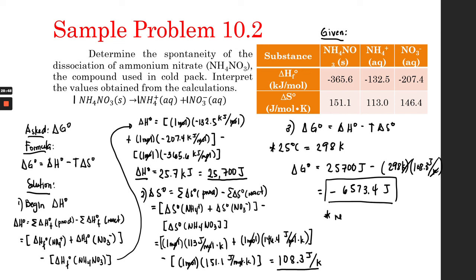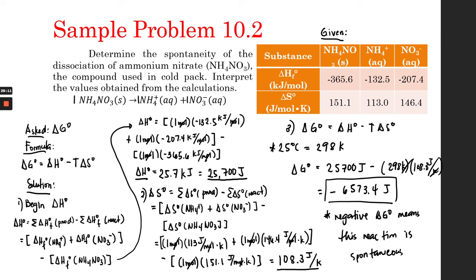And since delta G is negative, it means this reaction is spontaneous, meaning it favors the formation of the products.